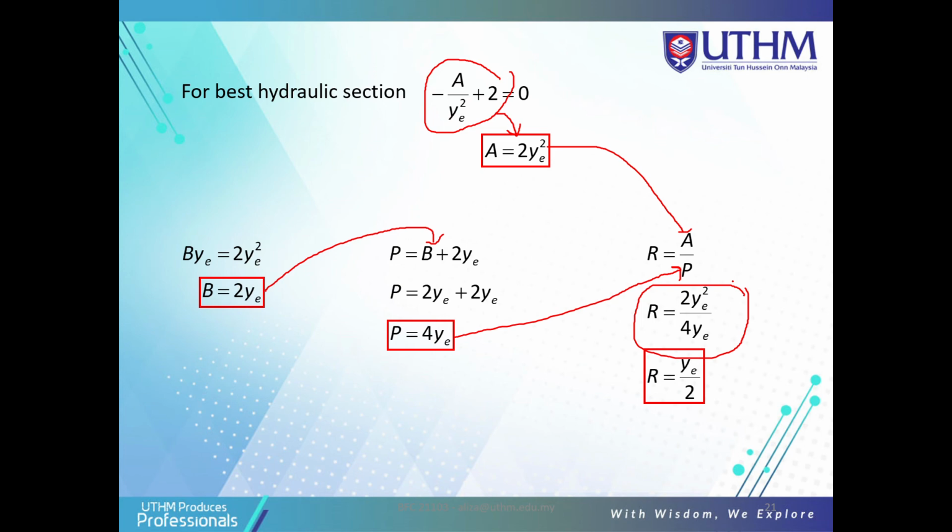You just change your formula from the normal formula from topic 1 until you get the best hydraulic section formula.